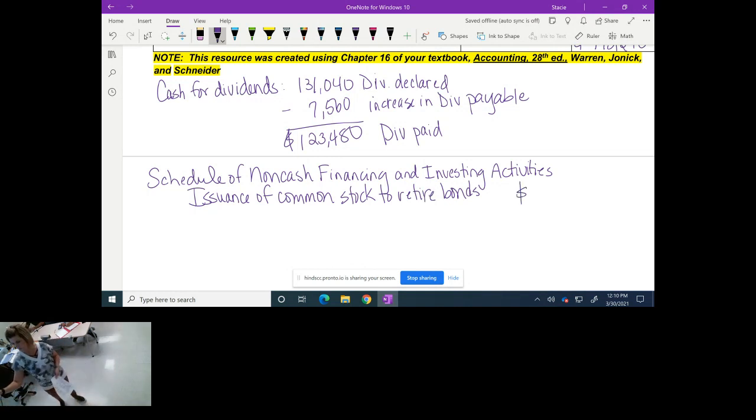And it is 390. This is one of those things you report in that non-cash section, which would be at the bottom, because you have debt being retired, and it's not a cash transaction. Cash is not being exchanged, but it is eliminating future cash outflows. So that's why you report it, but you put it in a separate section away from everything else.